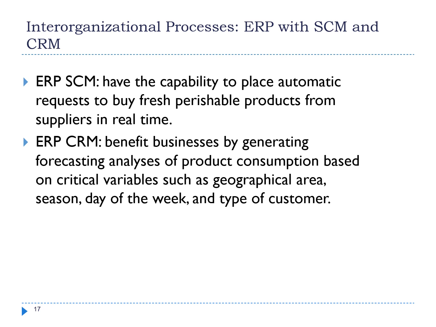ERP SCM has the capability to place automatic requests to buy fresh perishable products from suppliers in real time. And ERP CRM benefits businesses by generating forecasting analysis of product consumption based on critical variables such as geographical area, season, day of the week, and type of customer.